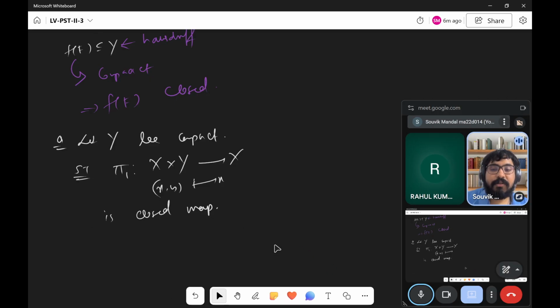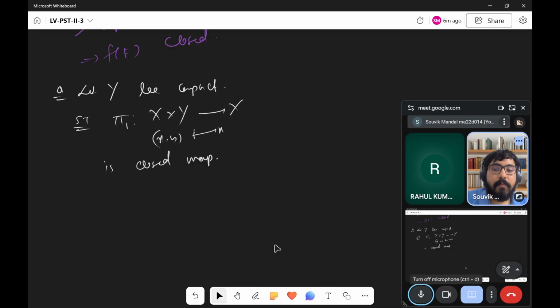Wait a minute. You start with an arbitrary open set, right? Yes. But you need to show it is a closed map, right? Yes. So as Y is compact, then the inverse image is closed.